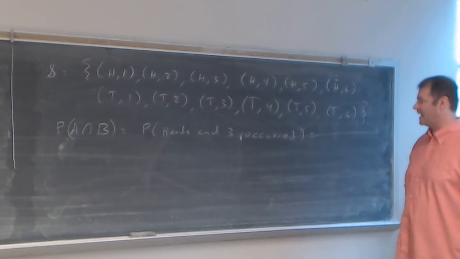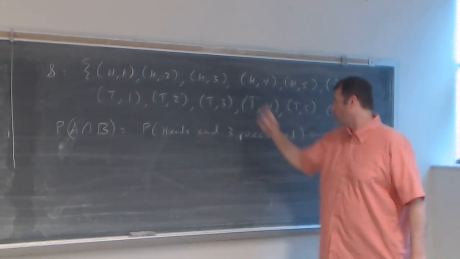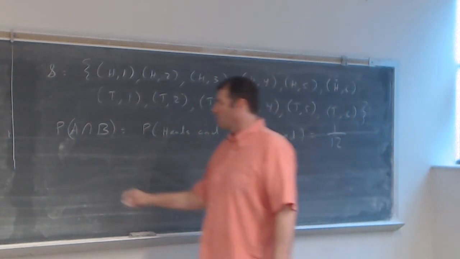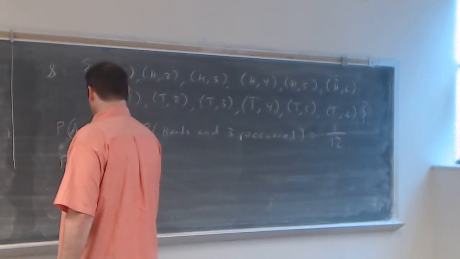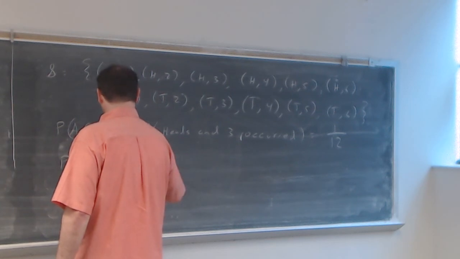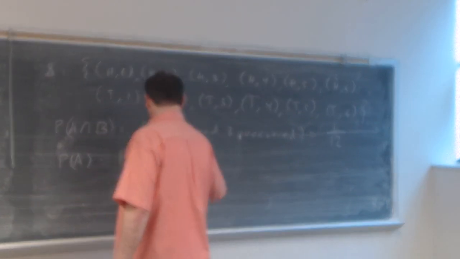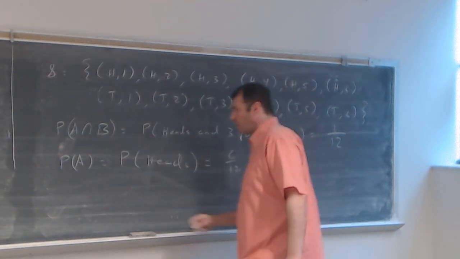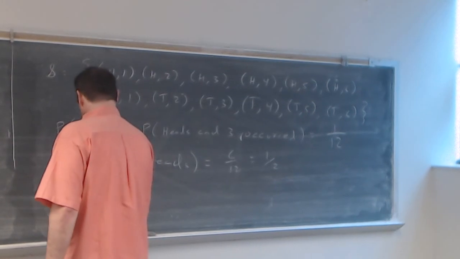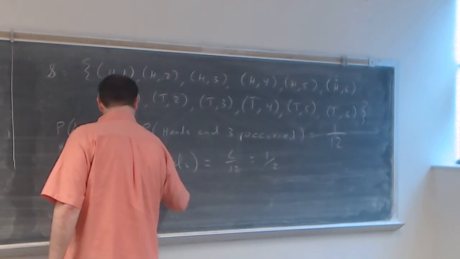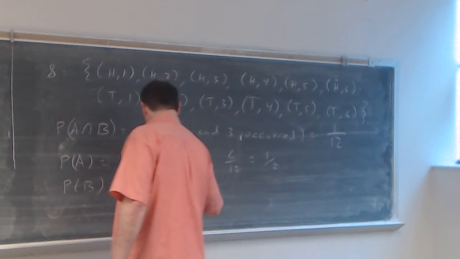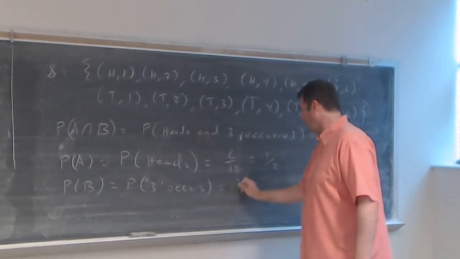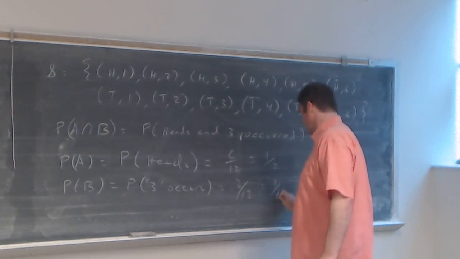The number of ways that a heads and a 3 occurred was right here, one way, out of 12 in the sample space. The probability of A is equal to the probability of the heads, and that was 6 out of 12, which is 1/2. The probability of B, the probability of the 3 occurring, is twice out of 12, so that's 1/6.